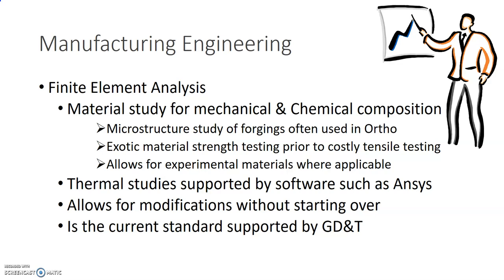Thermal studies, while they can be included in a 3D model like Inventor, are typically handled at a higher level with third-party software like ANSYS. And again, what you're allowing for here is modifications without having to start over.